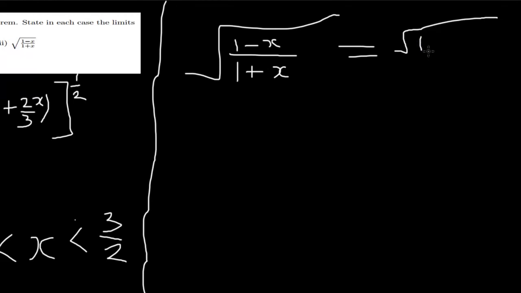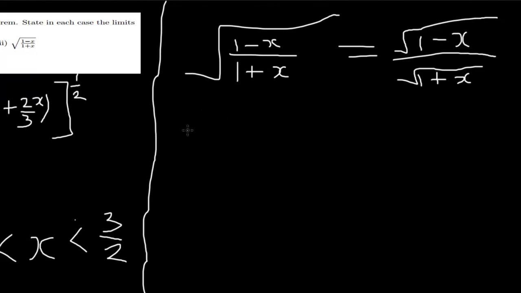So this can also be written as 1 minus x, everything over the square root of 1 plus x. So after that, you can now change it to the form that is favorable, or that is ideal to be expanded using the binomial expansion.